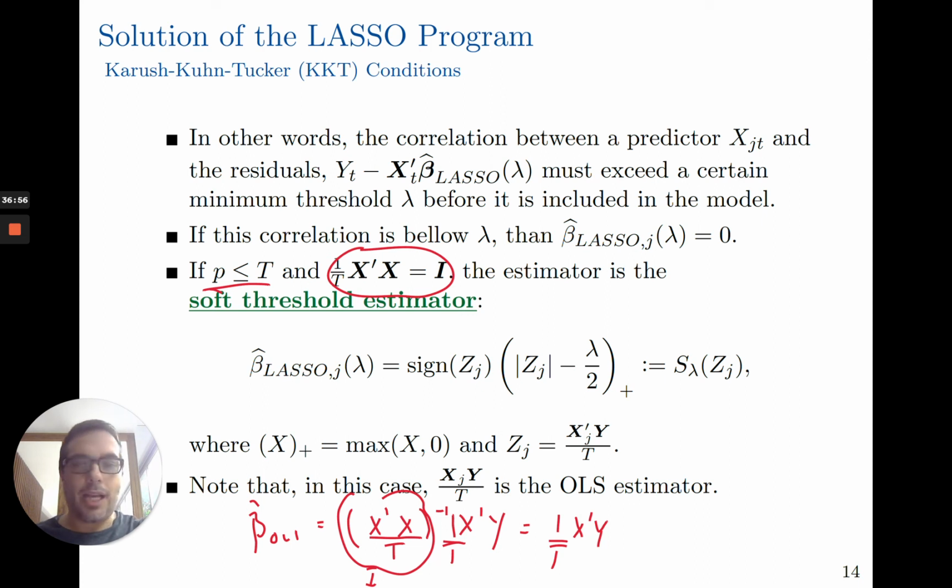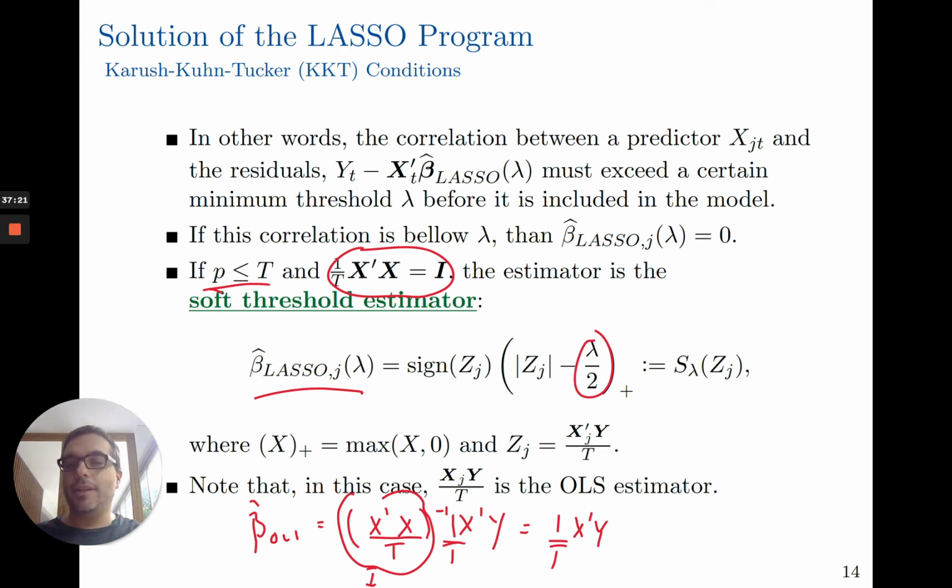So basically this result is saying that whenever the OLS estimator of a coefficient is less than lambda over 2, then the lasso estimator will be 0.